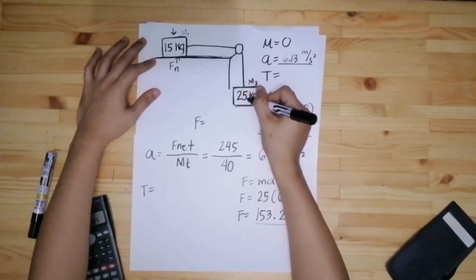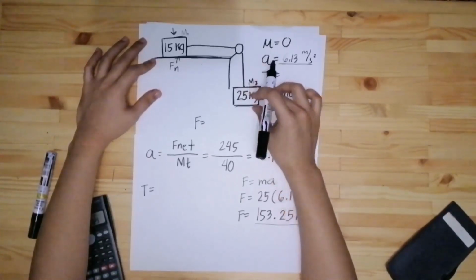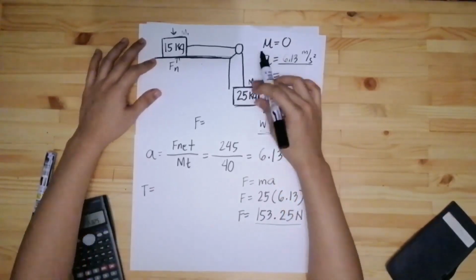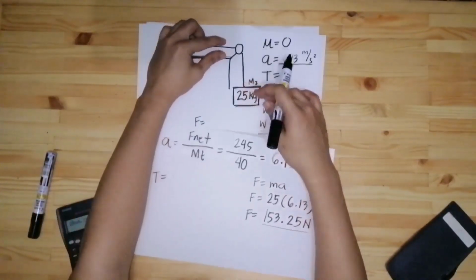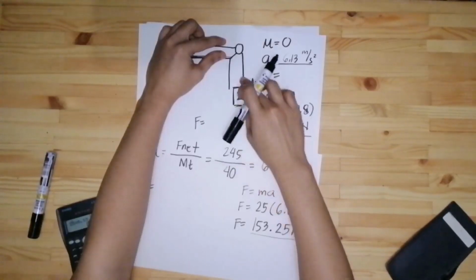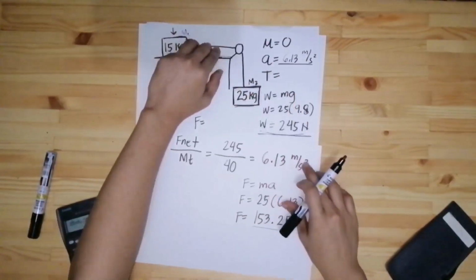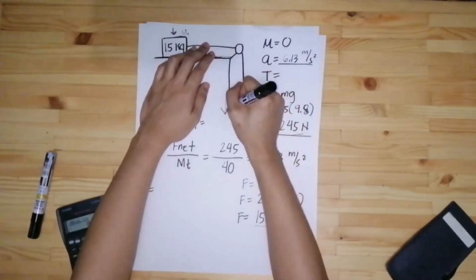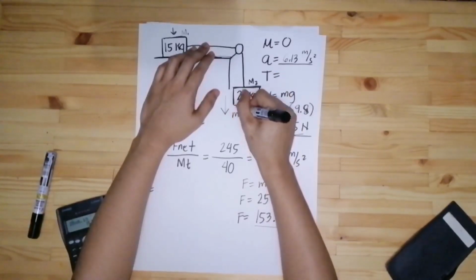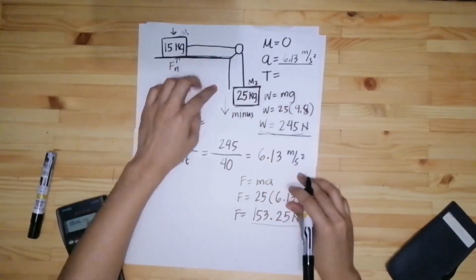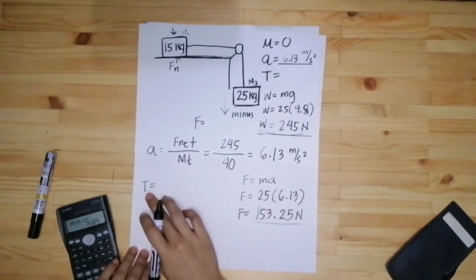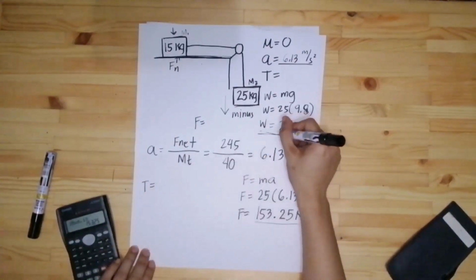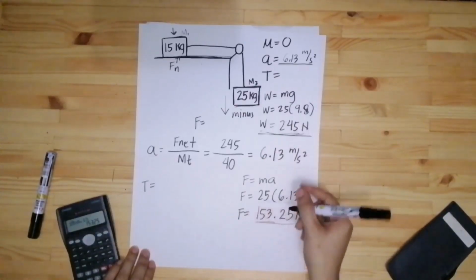Ito naman, yung 25 kilograms, bababa siya kasi mas mabigat siya. Okay, so si 15 kilograms, papunta siya doon. Then si 25 kilograms, pababa. Pag pababa, magma-minus tayo. Pag paangat, magpa-plus tayo. So, i-minus lang natin para makuha yung tension. Meron tayong 245 na force, saka 153.